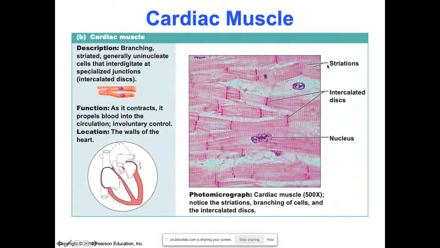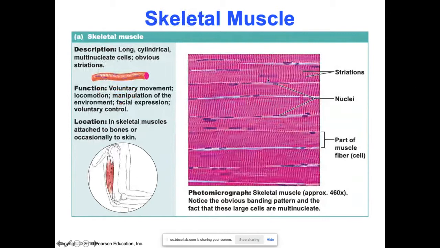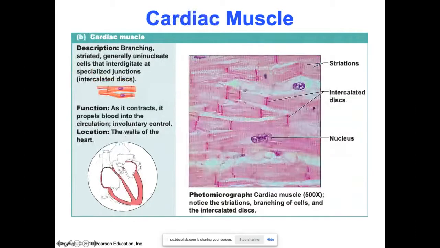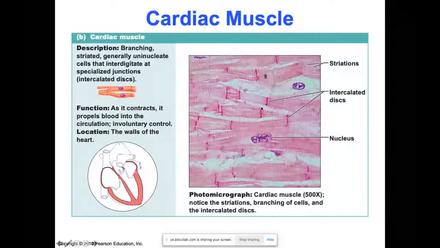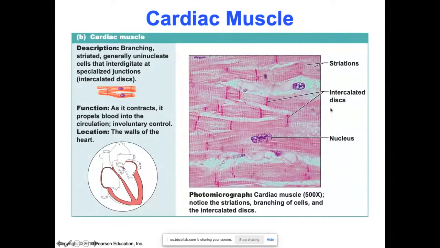When we look at cardiac, besides the striations and being branched, the other unique feature that cardiac muscle has that skeletal does not have are these intercalated discs. These vertical discs are really junctions.